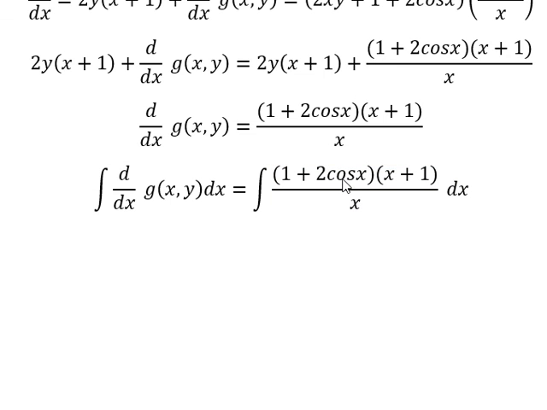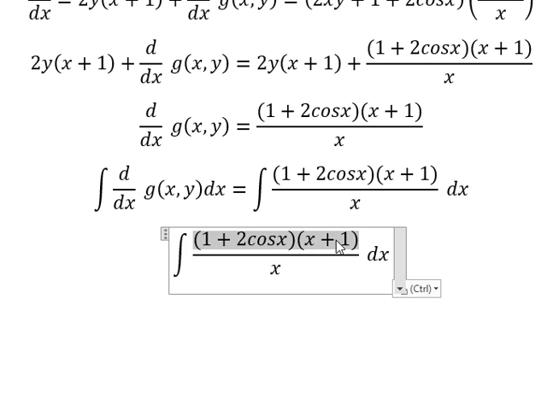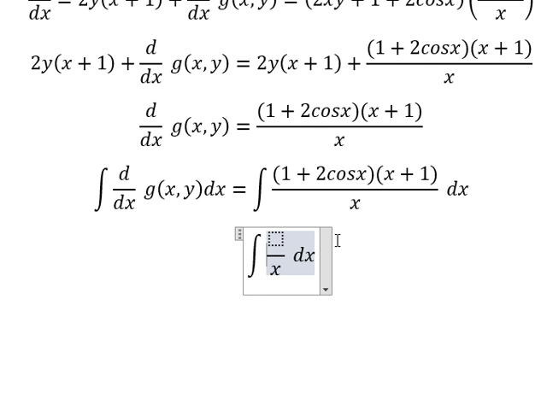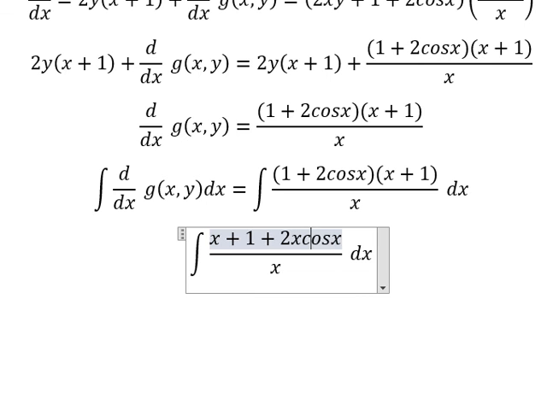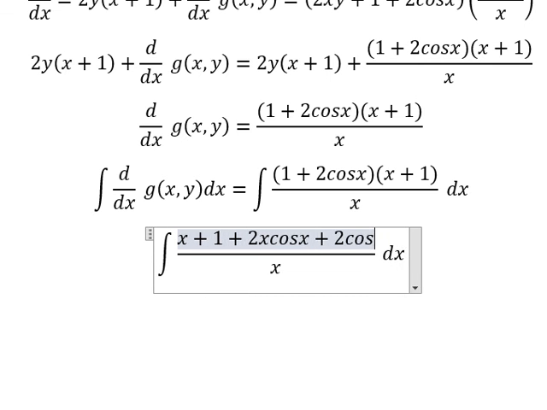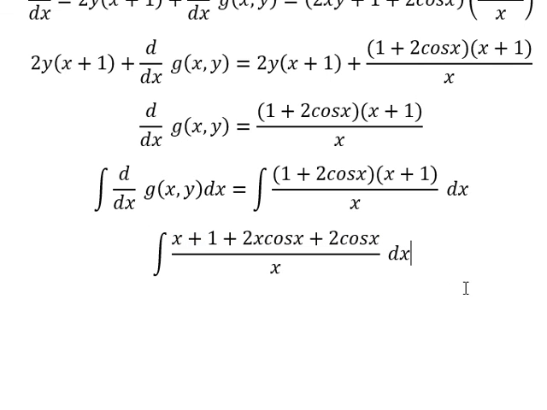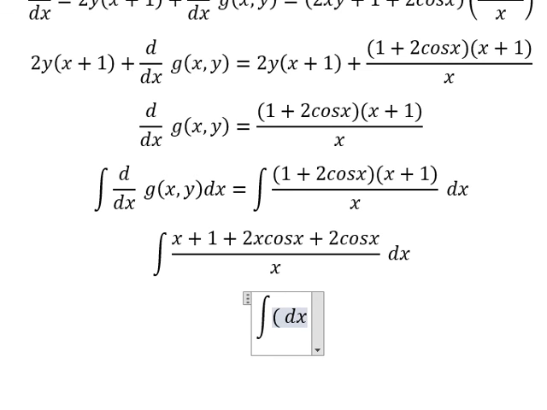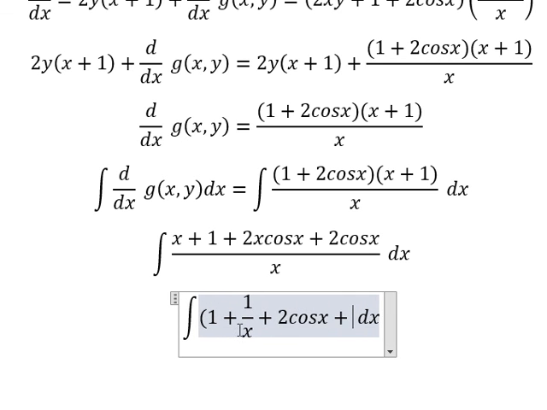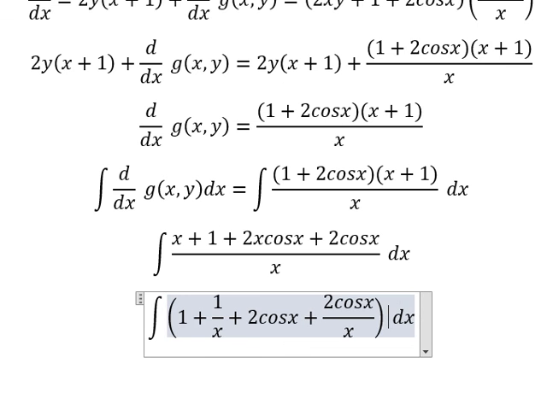Now we need to multiply each term in here. So we have s plus 1 and 2 cosine s with s, and 2 cosine s: s divided by s, 1 divided by s, 2s cosine s divided by s, cosine s divided by s. So we will have 1 plus 1 over s plus 2 cosine s plus 2 cosine s over s.